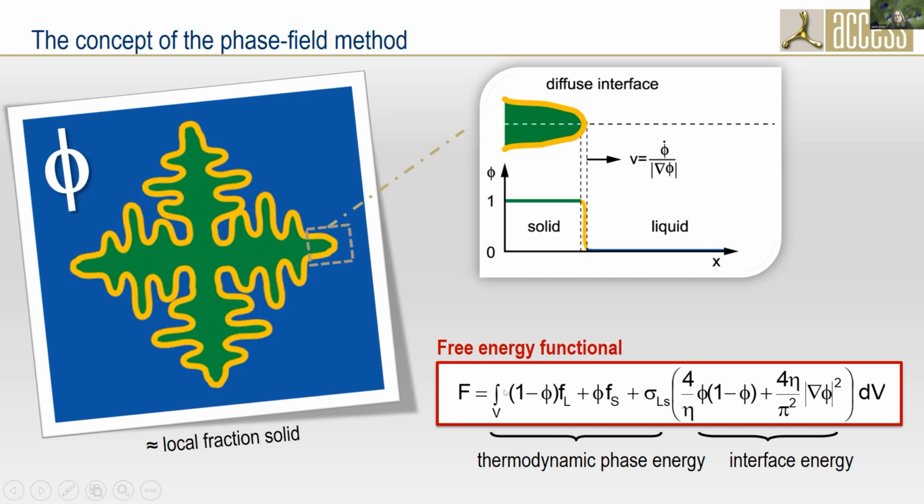This is the part, the fraction liquid times the energy density of the liquid. We have the energy of the solid phase. And additionally, we now need the interface energy in between. In fact, these are all densities, so we have to integrate them over the whole volume.